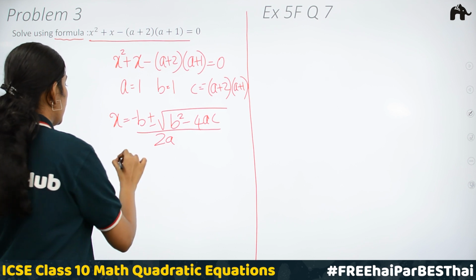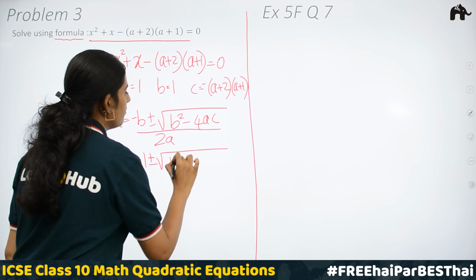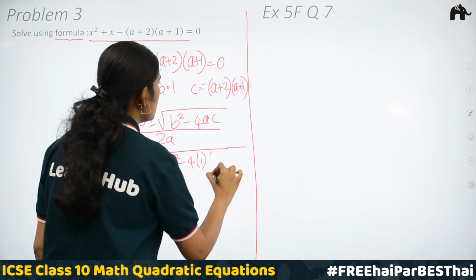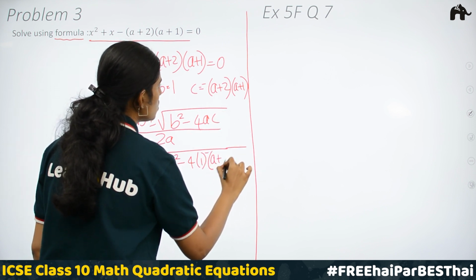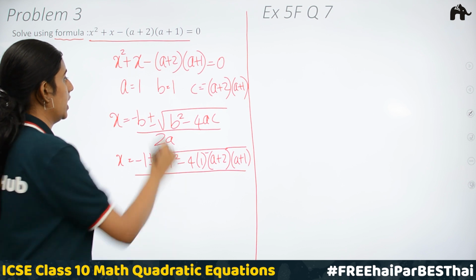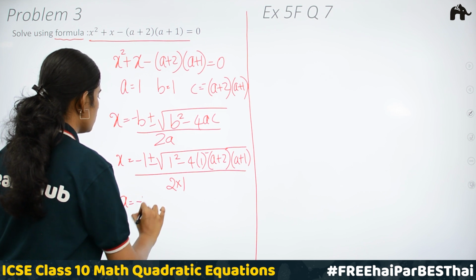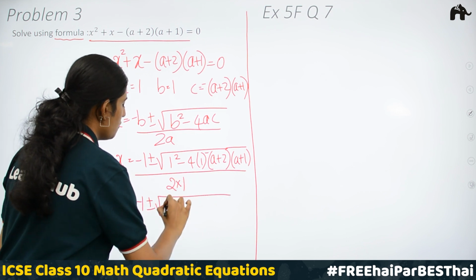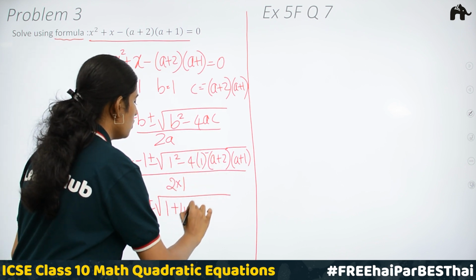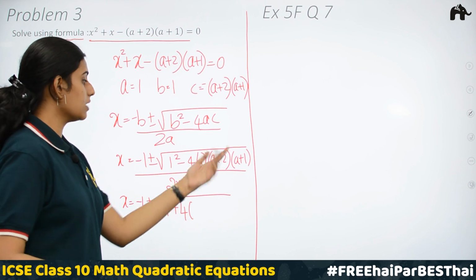Substitute values. x is equal to minus b, that is minus 1, plus or minus root of 1 square minus 4 into a, which is 1, into c, which is minus (a plus 2) into (a plus 1), whole divided by 2a, that is 2 into 1. x is equal to minus 1 plus or minus root of 1, negative into negative is positive, plus 4 into (a plus 2) into (a plus 1), which can be multiplied by removing brackets.